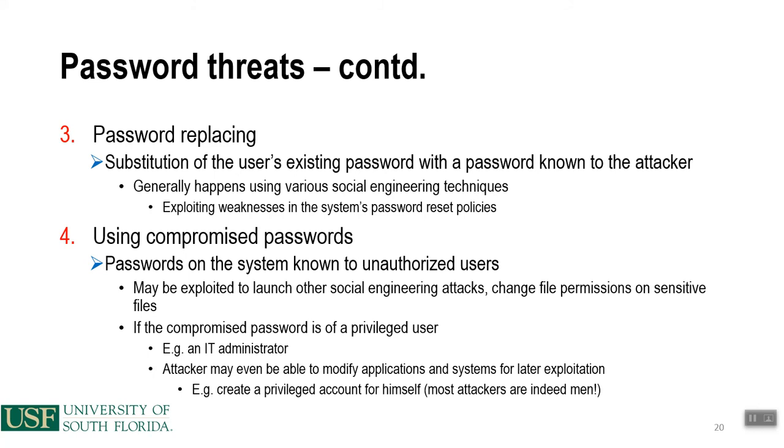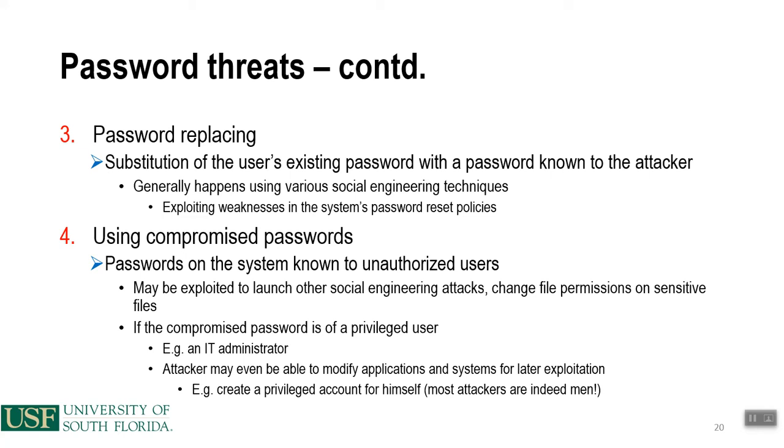Password replacing is substituting the user's existing password with a password known to the attacker. This typically happens with various social engineering techniques, exploiting weaknesses in the system's password reset policies. What this means is that if you have access to that particular person's email account, for example, you could just reset the password for one of their accounts.